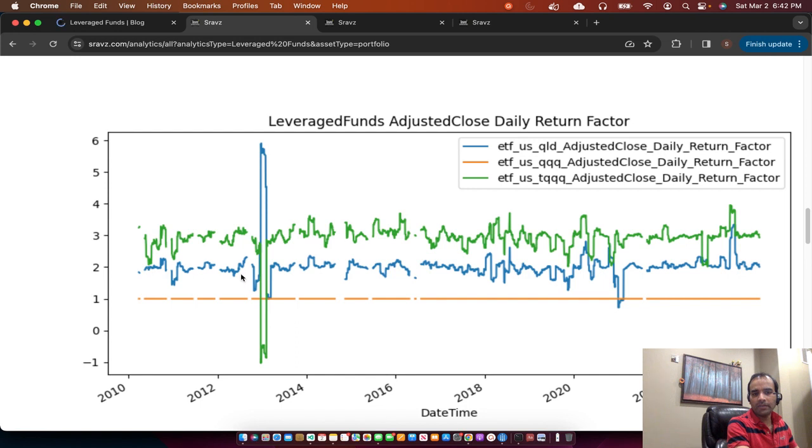So on average, QLD is at 2 and TQQ is at 3, but due to volatility, it goes around the 3, and QLD goes around the 2 line. It shows that over 10 years, the return is close to 3, but not exactly 3. So that's why we won't see the exact 3 times the return of QQQ, and that's because of volatility.